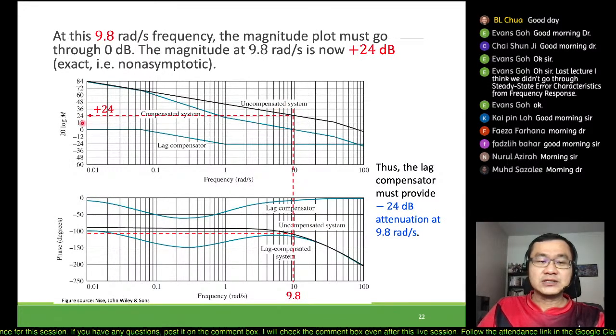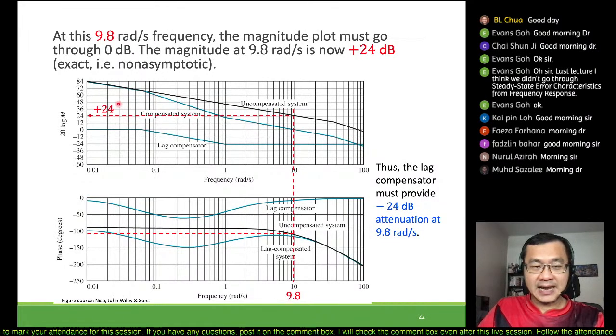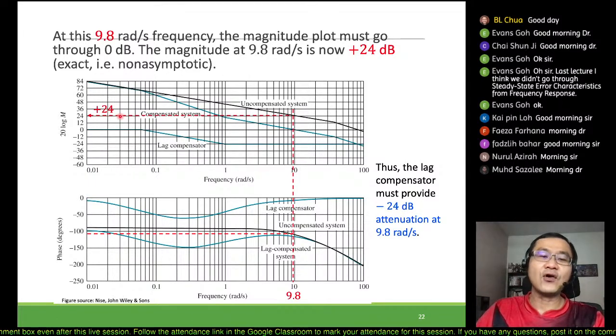Remember, this is non-asymptotic, meaning this line is plotted using the real values, not the normalized ones. So based on this value of 24 dB, we have to attenuate, suppress this 24 dB to become 0.